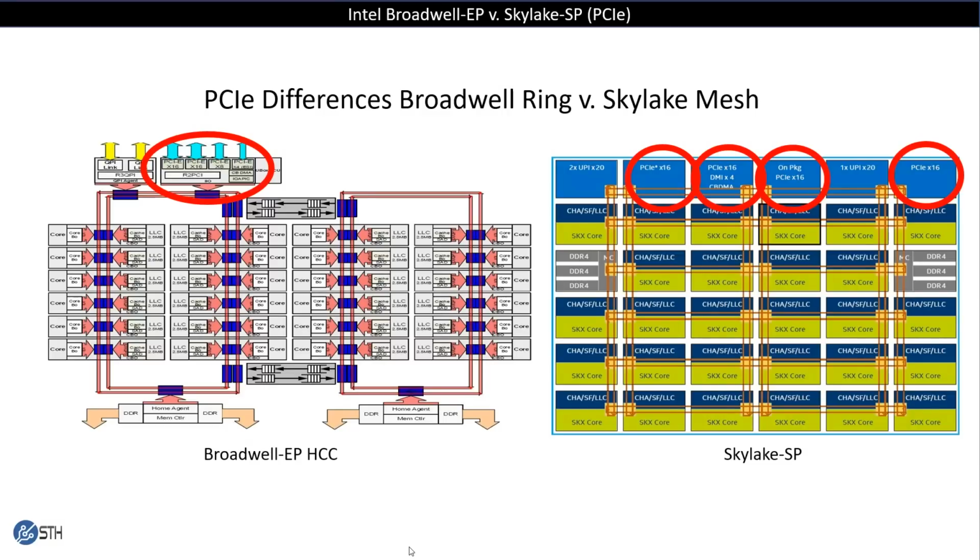One of the first differences that we wanted to highlight is PCIe. In the older Broadwell generation, which is Intel Xeon E5 V4, what you'll see is that the PCIe lanes all sat off of one of the ring buses.